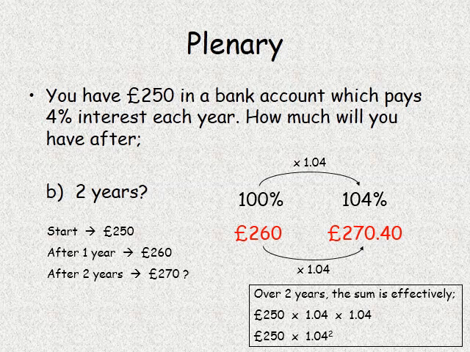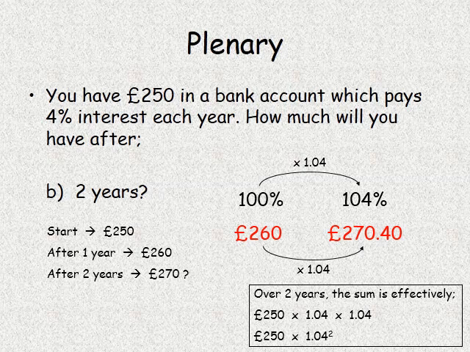Okay, so I think this is really the level that you would be expected in a SATs question or 11 plus, but for GCSE you can be asked for more than 2 years, but all you do is multiply by that multiplier every time. So that's what the first line is showing. So it's 250 times 1.04, that will give you the first year, and then the amount that you get, which in our example was 260, you multiply it by 1.04 again, and that will give you the value at the end of year 2.